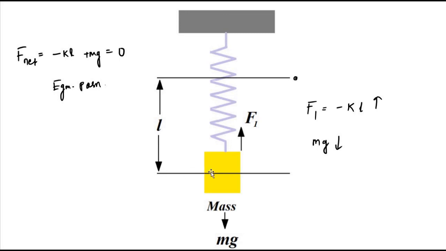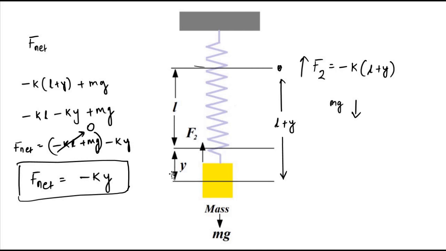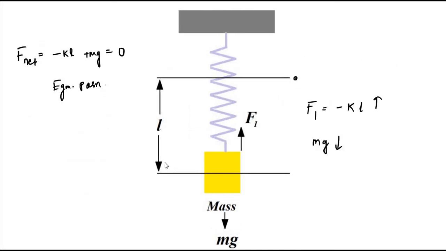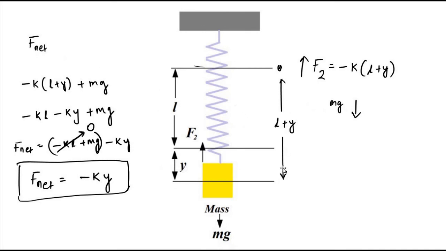Next, from this position, if it is further displaced by a small factor y, the net displacement is L plus y. Again there will be another restoring force acting upward, given by minus K(L plus y). mg is acting downward.